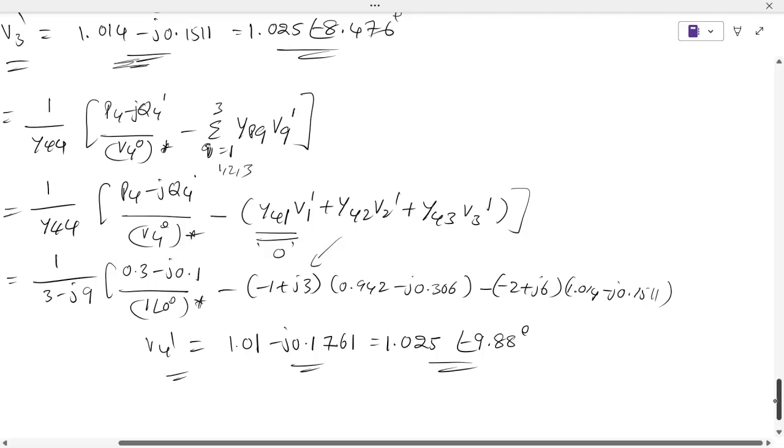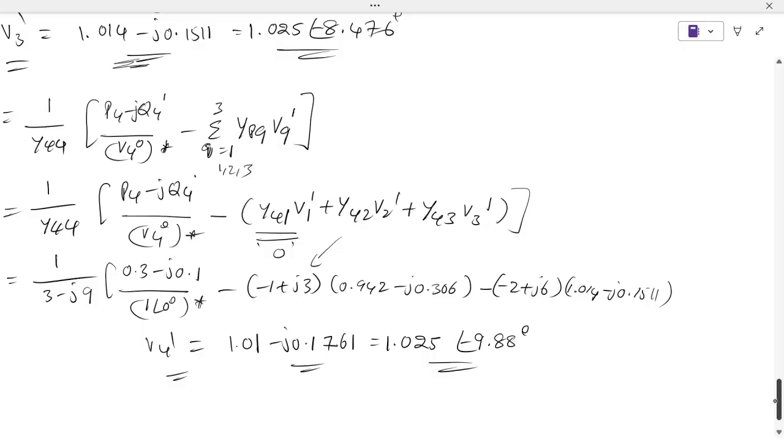This is the problem for the Gauss Seidel load flow method with both PQ and PV buses. Here one very important note that we need to consider is that in this problem they have given Q limits.